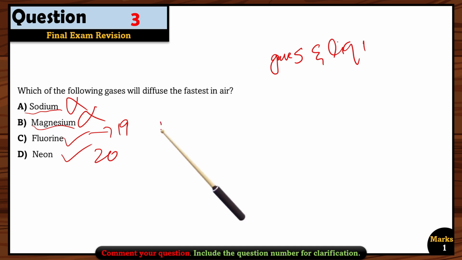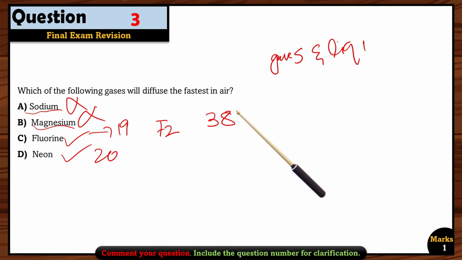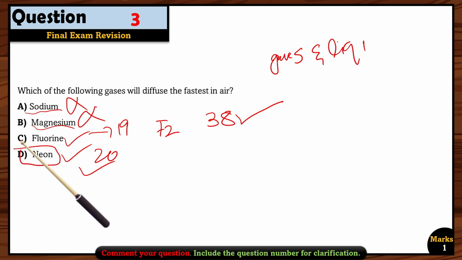Fluorine is present in the form of a diatomic molecule, so its mass is not 19, its mass is actually 38. So the mass of fluorine is 38 whereas neon is 20. Why only 20? Why is it not diatomic? Because it's a noble gas, and noble gases do not form molecules. Their electronic configuration is complete. So which gas will diffuse fastest in the air? Of course it will be neon.